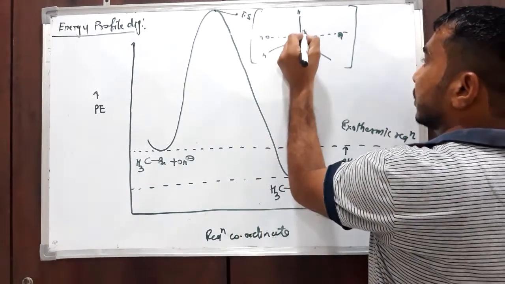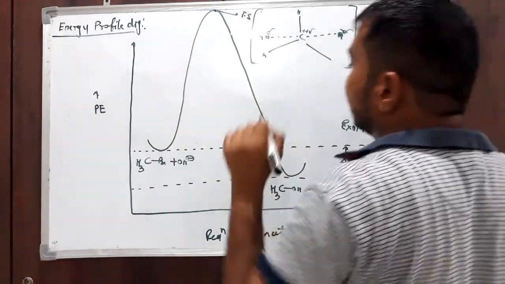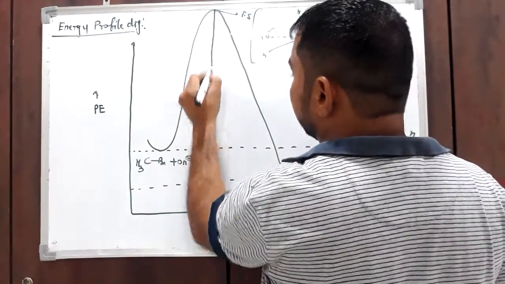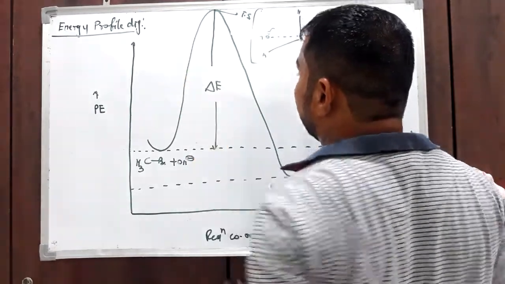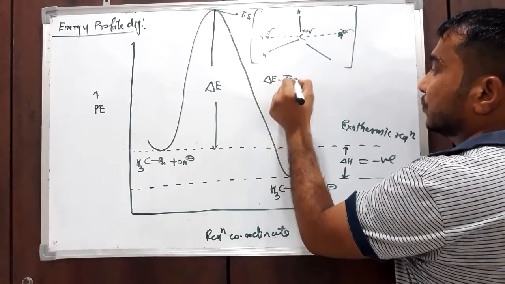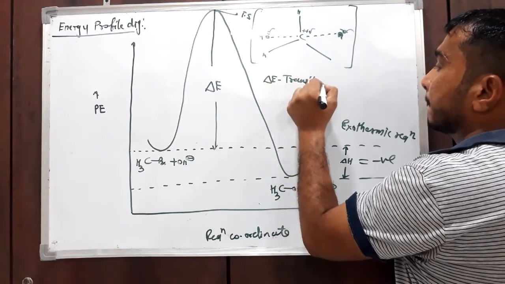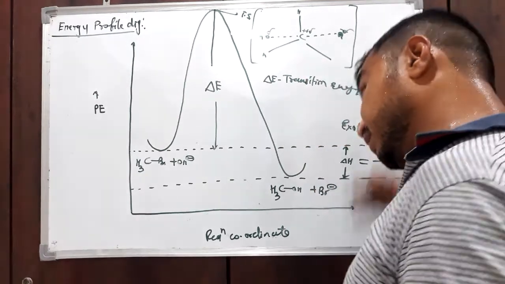So this is the transition state, highly energetic, and this difference is delta E, the transition energy. Okay, what is the use of this transition energy?